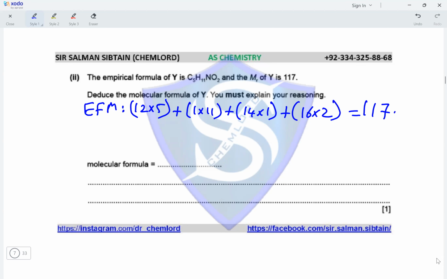So if the empirical formula mass is equal to the MR of the compound, this means that the empirical formula is equal to the molecular formula of the compound.